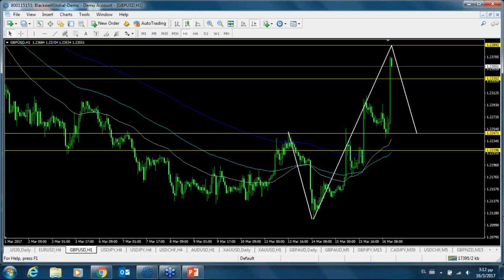Okay, so it's categorized under the three levels. The first one will be CHF, strongest, second strongest USD, and third strongest euro. Okay, and then the weakest one of the three is the AUD, followed by the GBP and then the JPY.